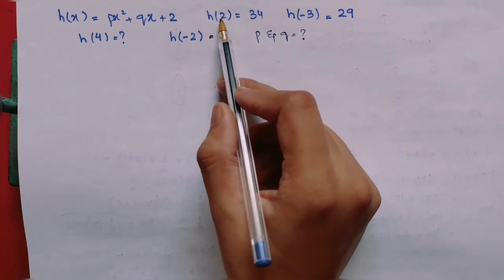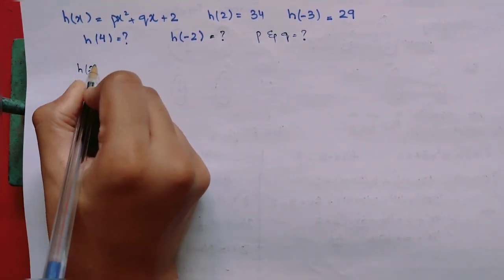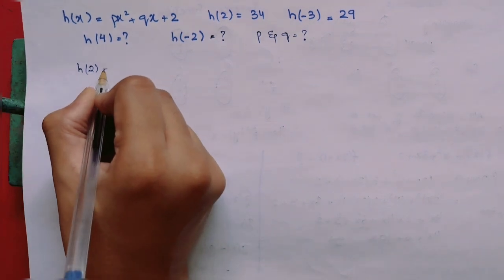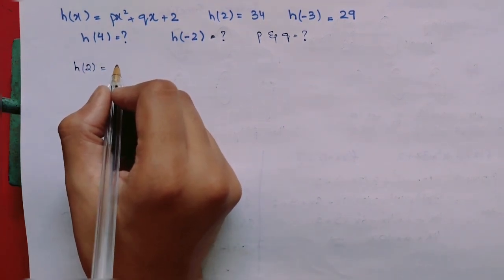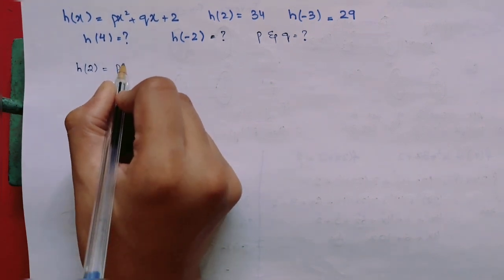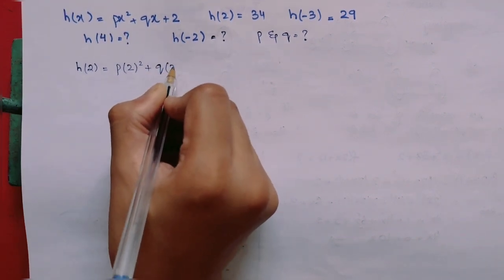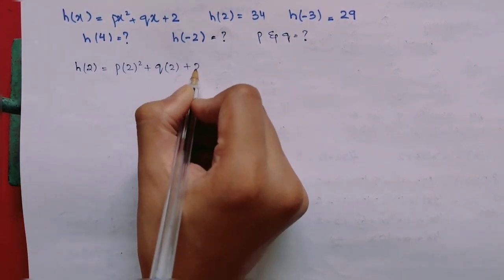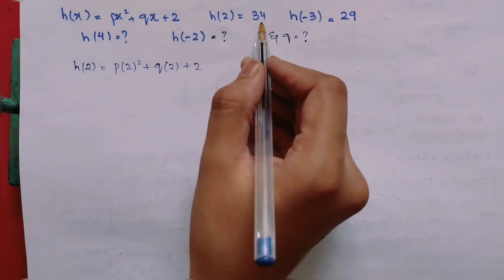We have been given h of 2, so we are using this h of 2. Put the value of 2 in the question where we have x. P of x, in place of x we write 2, plus q of x we write 2, plus 2 as it is, and h of 2 given in the question is equal to 34.